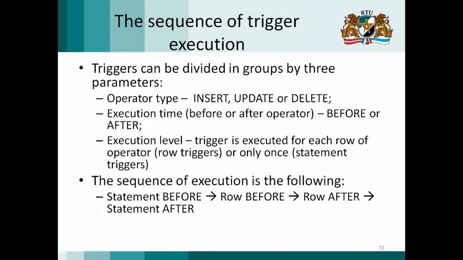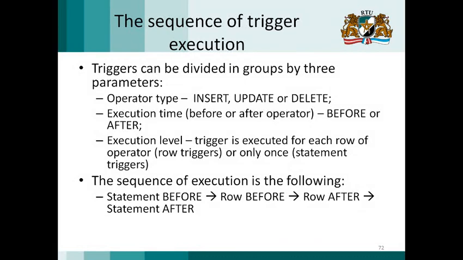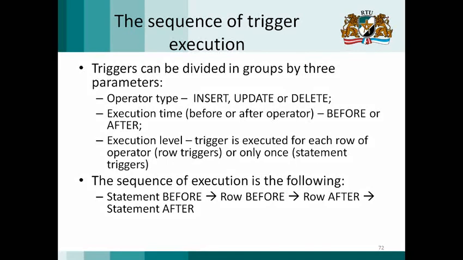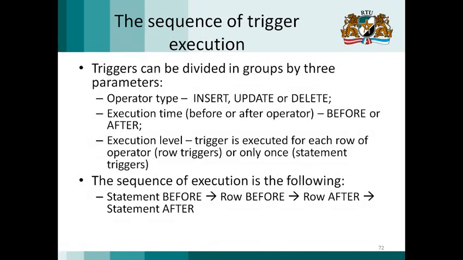Triggers can be divided into groups by 3 parameters. First, it is operator type that calls them. There is execution time, if they take place before or after the operator, and execution level. So I already mentioned that it is executed for each row or only once per statement. And the sequence of this trigger execution is the following.